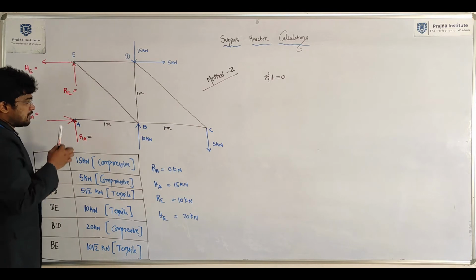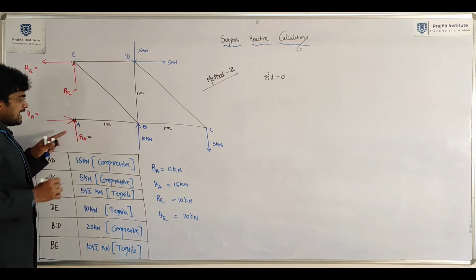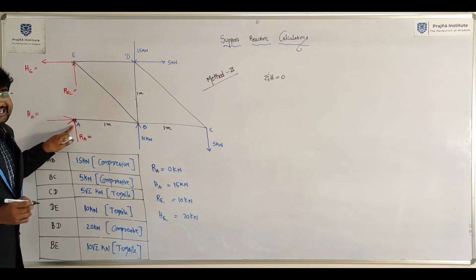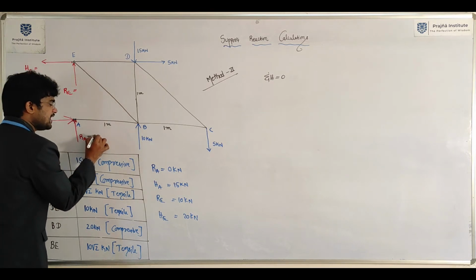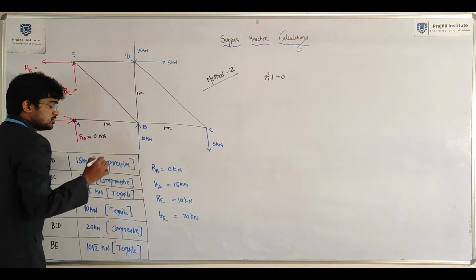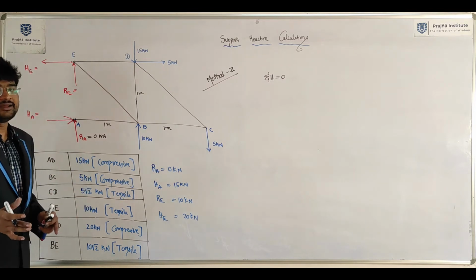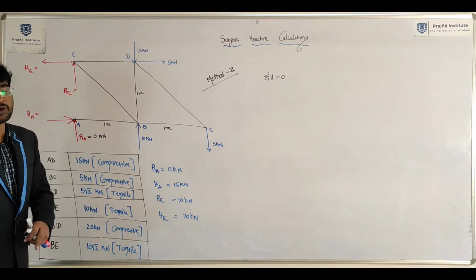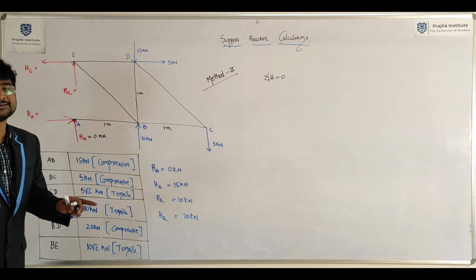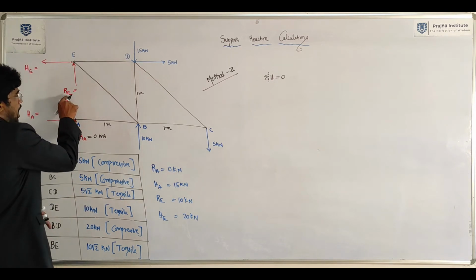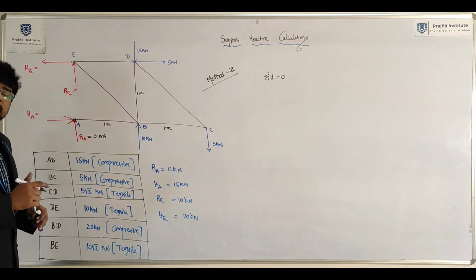Apply sigma V equal to 0 at the free body diagram at joint A, so I will surely get RA equal to 0 kilonewton. One support reaction will definitely become 0 in a cantilever truss. That is pakka.